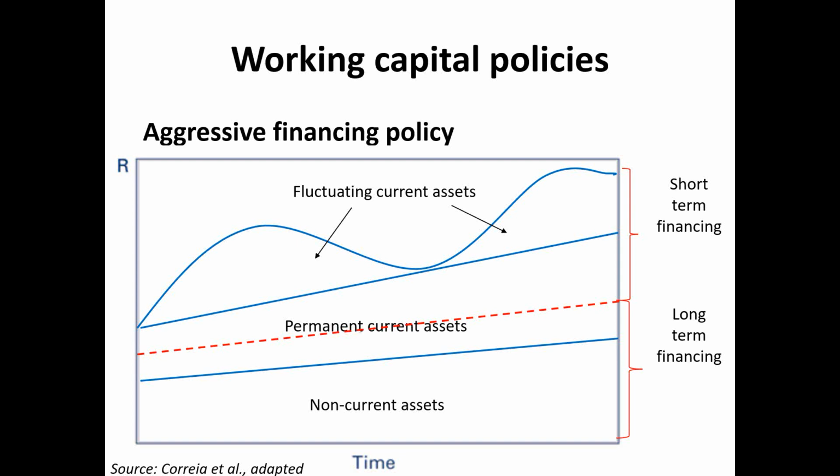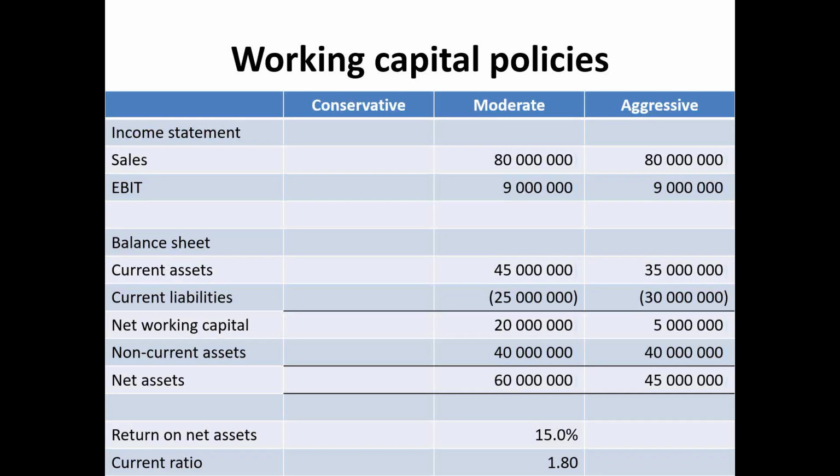So we can see this now in a set of financial statements. Here we see that under the aggressive policy, we are carrying less current assets than the moderate policy. So we'd be implementing things like just-in-time inventory management. We also see that we have higher current liabilities than under the moderate policy.